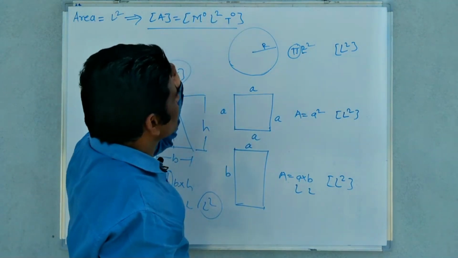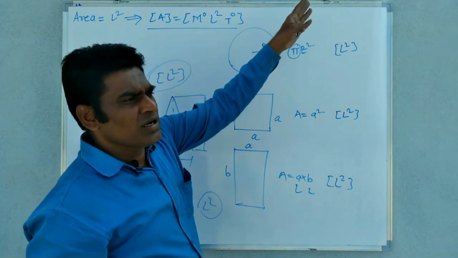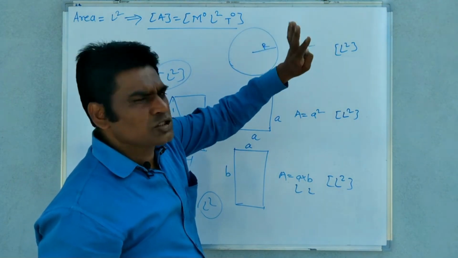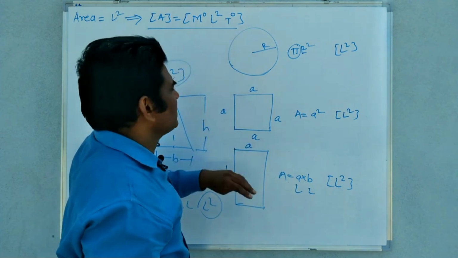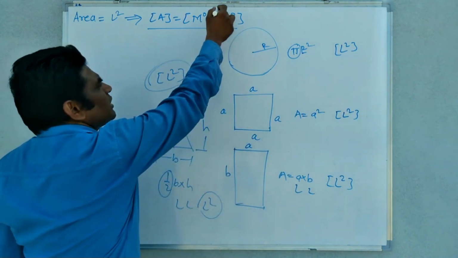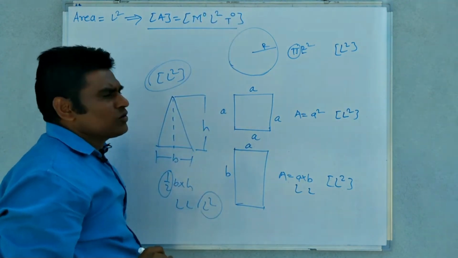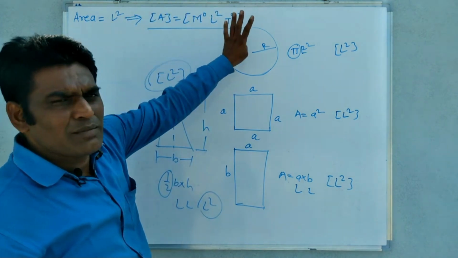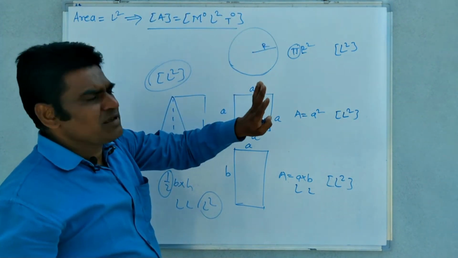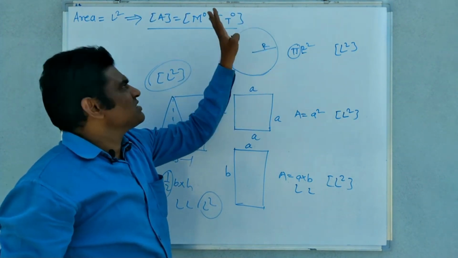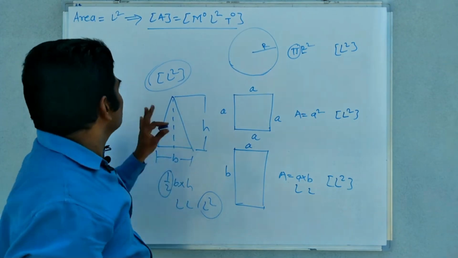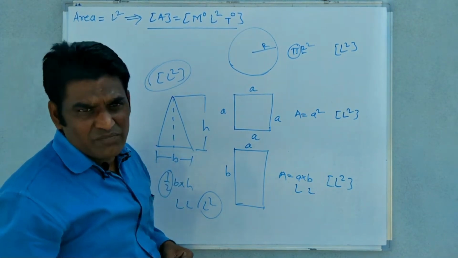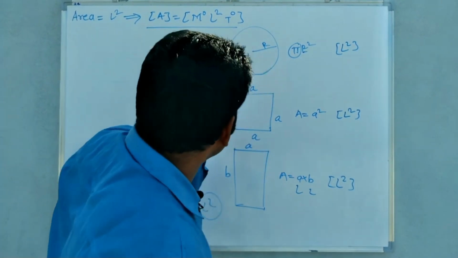Others also we can write, A0, K0, luminous intensity 0, like that, but not necessary. So m0, L to the power 2, T to the power 0. So area has 0 dimension in mass, 0 dimension in time, but 2 dimensions in length. Got it? So this is the dimension of area. Clear?